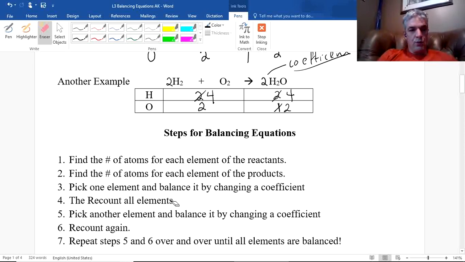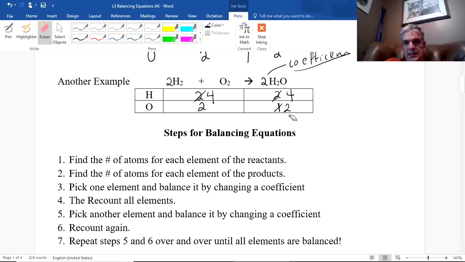Then you recount the elements. Pick an element and balance it by changing the coefficient and recount again until we get balanced. We just keep repeating these steps again and again until we get it done. And that's essentially what I was doing here, just a more simple one than some of the ones we might do.